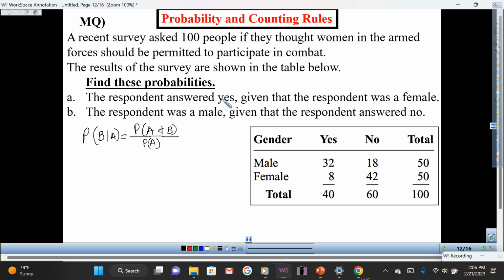The respondent answers yes, so I'm going to use the letter Y, and given the respondent is F. Okay, so what would I write in my formula? Tell your neighbor what to write in the formula given those two values. Once again, the slash is the word given, yes?